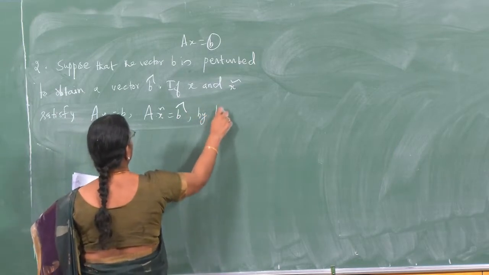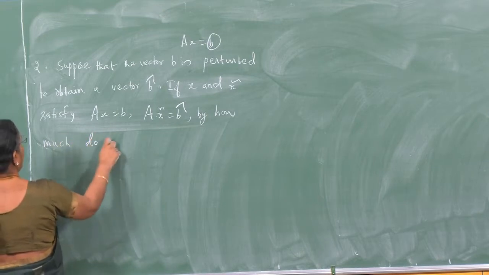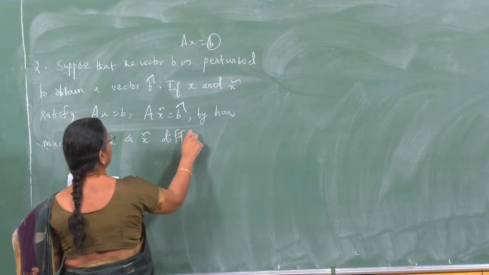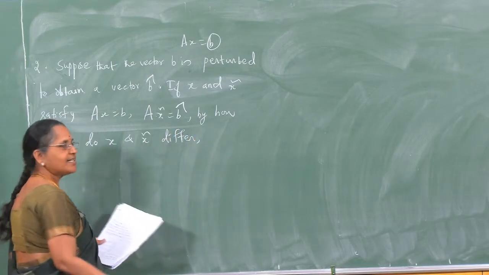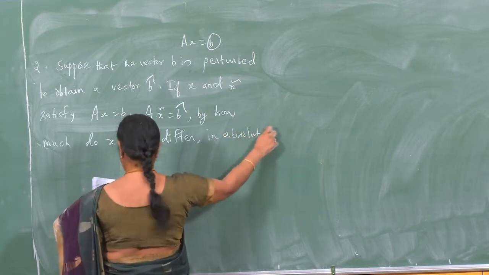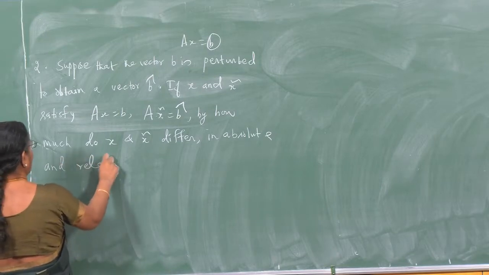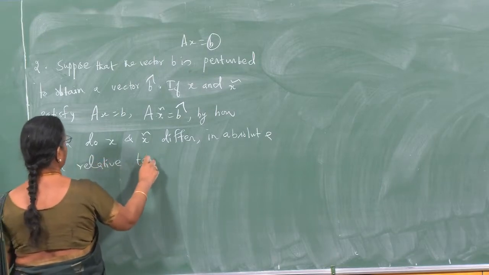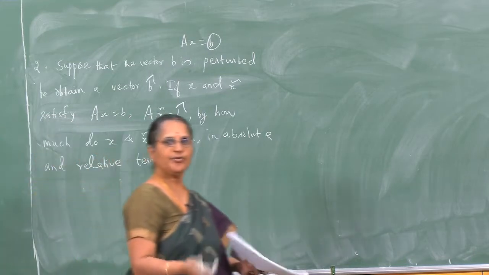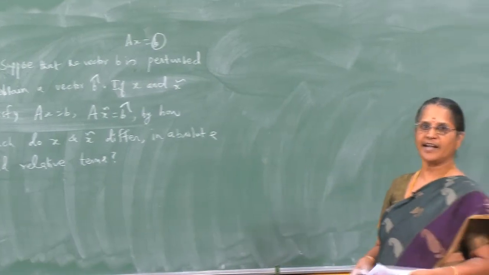The question is, by how much do x and x tilde differ, and give this result in absolute and relative terms. So, the question is, get the magnitude of the absolute error and the magnitude of the relative error.